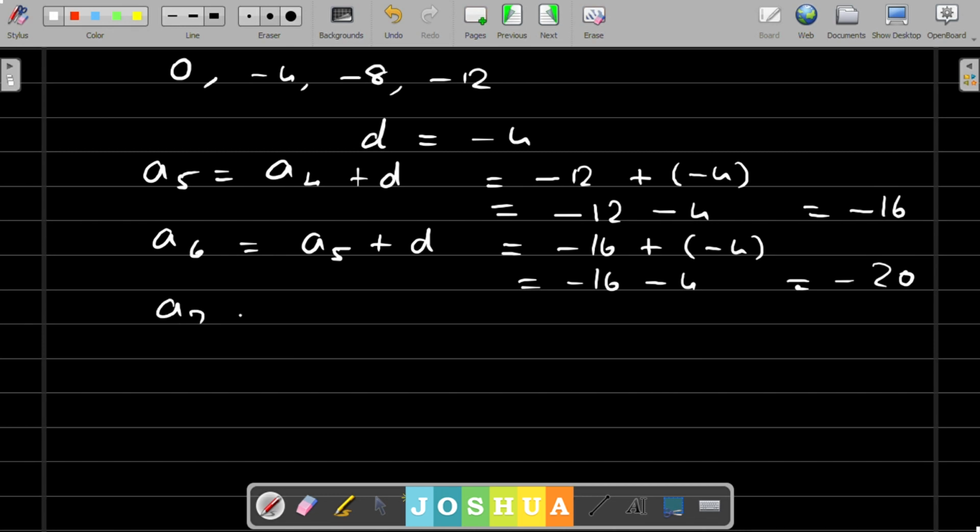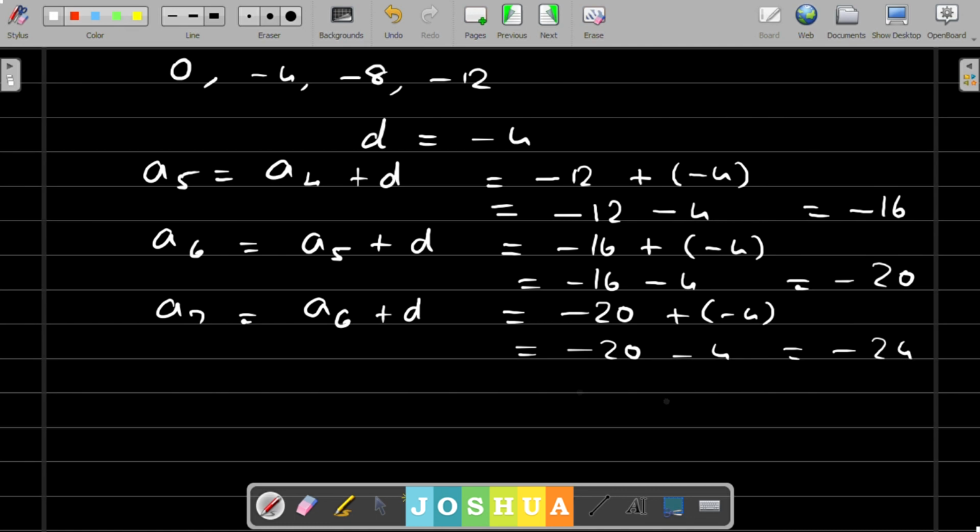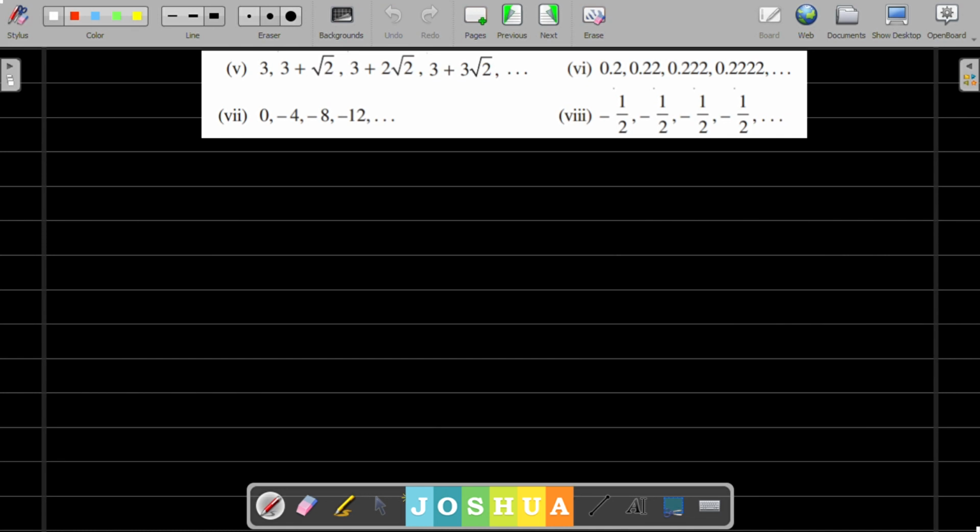And the seventh term A7 is equal to A6 plus d, and A6 is equal to minus 20 and the difference is minus 4, so minus 20 minus 4, that is equal to minus 24. So the three more terms in the given AP are minus 16, minus 20 and minus 24. Okay, so now move on to the next case here.